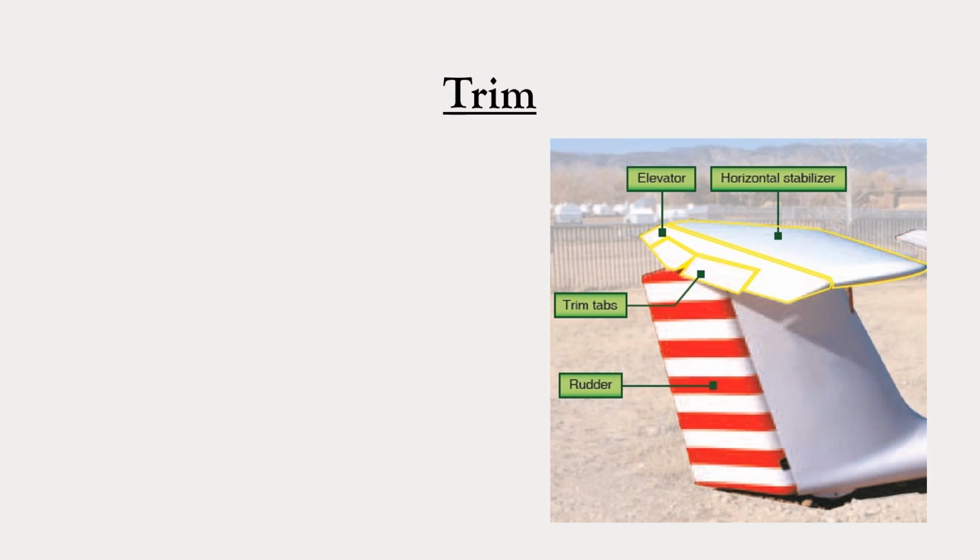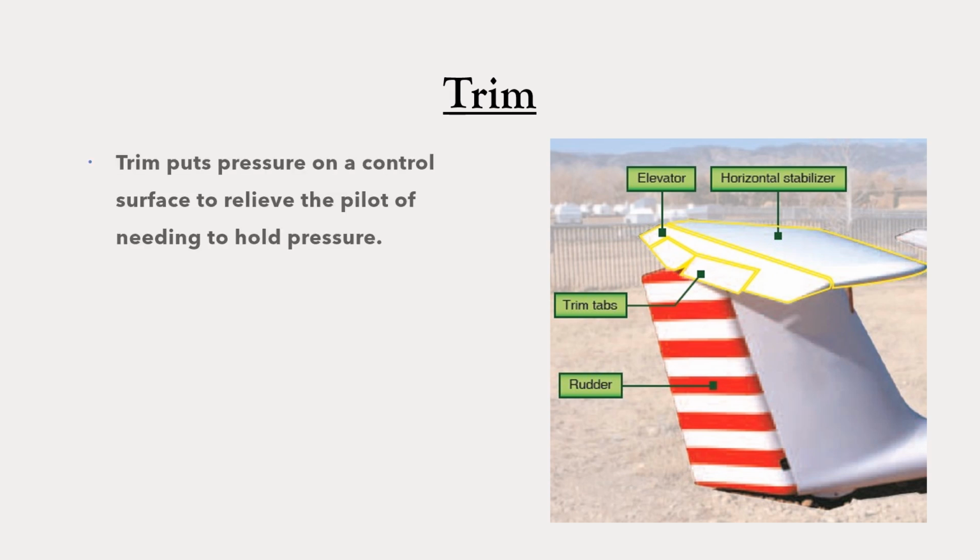So trim is used to relieve the pilot of needing to hold constant pressure against the control stick. When you have to hold constant pressure against the control stick, you get tired after a while, and you tend to be less accurate controlling the aircraft. So it's good to manipulate the trim so that you're not holding constant pressure.